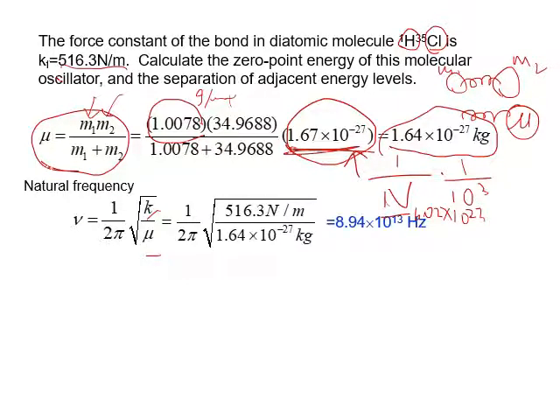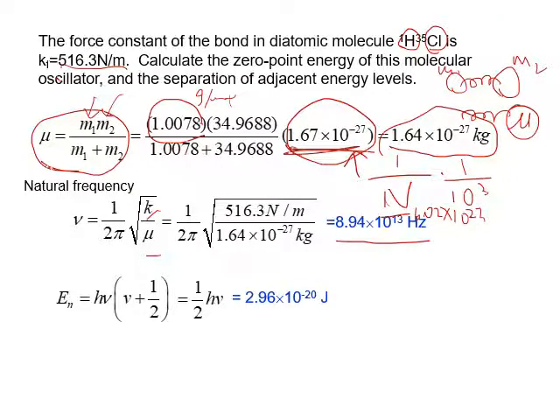You get the natural frequency to be 8.94 times 10 to the 13 hertz. This is the natural frequency, and these all come from classical physics. When we solve the Schrödinger equation, the energy is quantized. The energy should be h nu, where nu is just this natural frequency, times a quantum number v plus half.